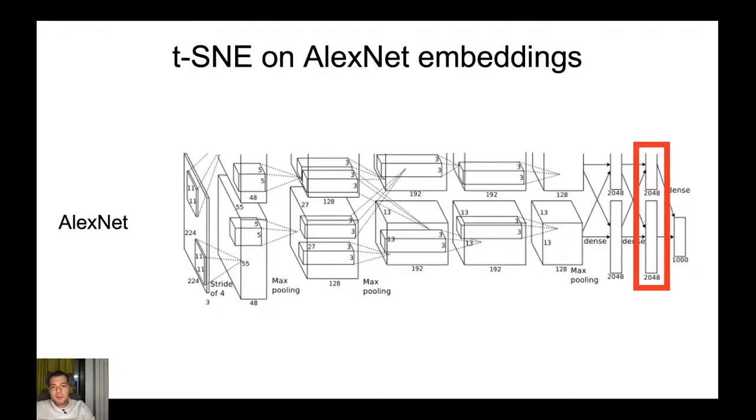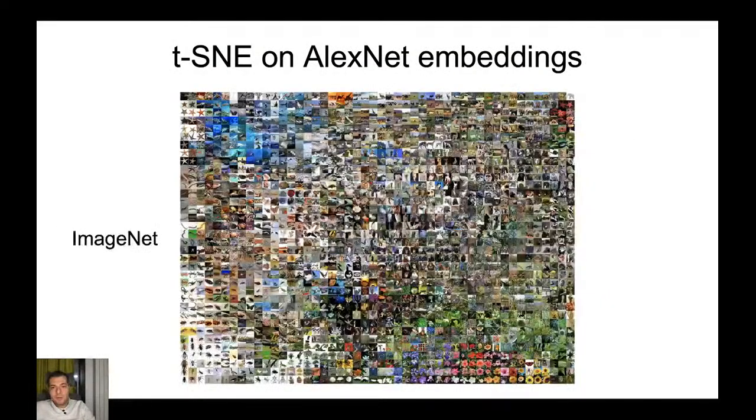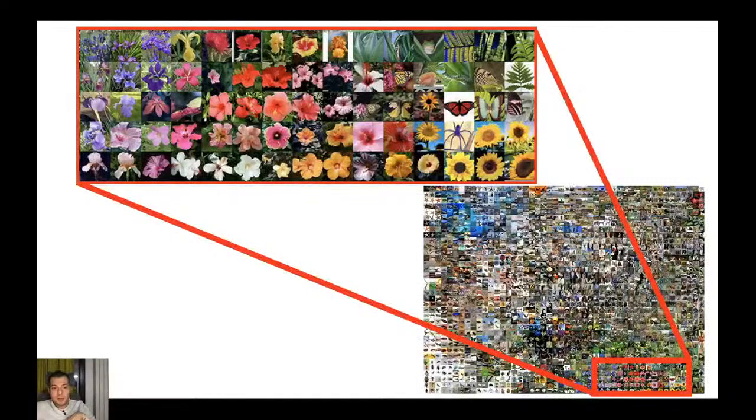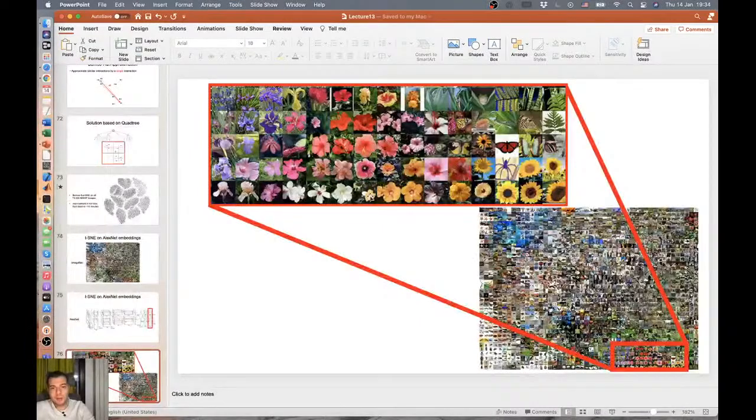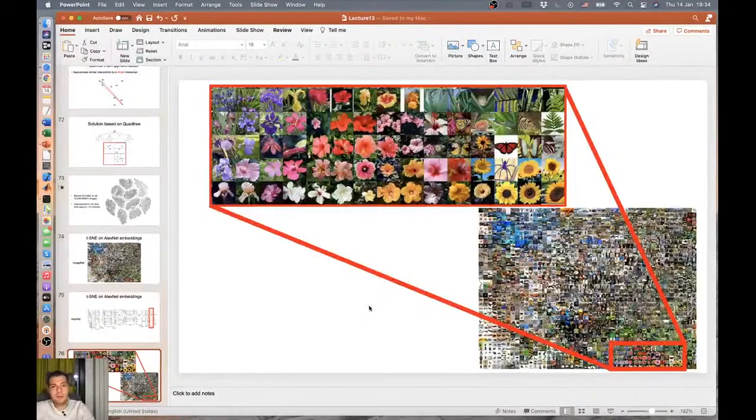Okay, so this is just an example of how you can use t-SNE to visualize neural networks and also other models. And this was the last slide of my presentation.